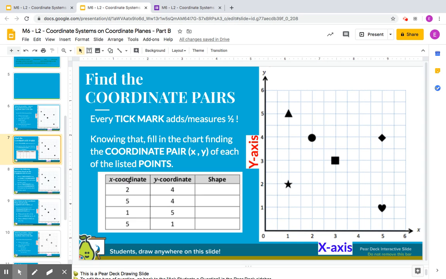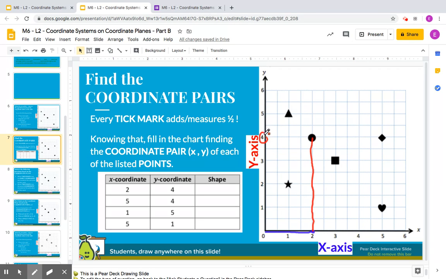So if I have an x-coordinate of 2 and a y-coordinate of 4, what will be the shape that I find? Well, let's look. My x is 2. So I start at the origin and I go over to 2. I now have to go up 4. That's going to be 1, 2, 3, 4.